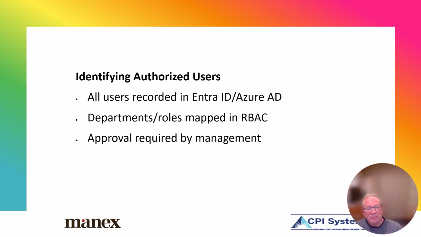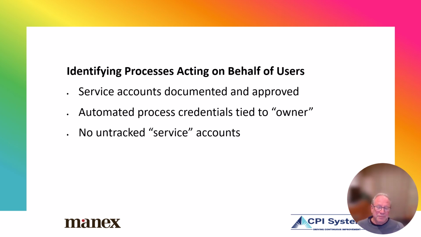Your IT team should be able to produce a report of all users authorized to access any given system. Each account should trace back to a specific department, supervisor, or HR record. Automated jobs like backups, updates, or apps that run in the background need their own accounts, but these must be tracked with real human owners.